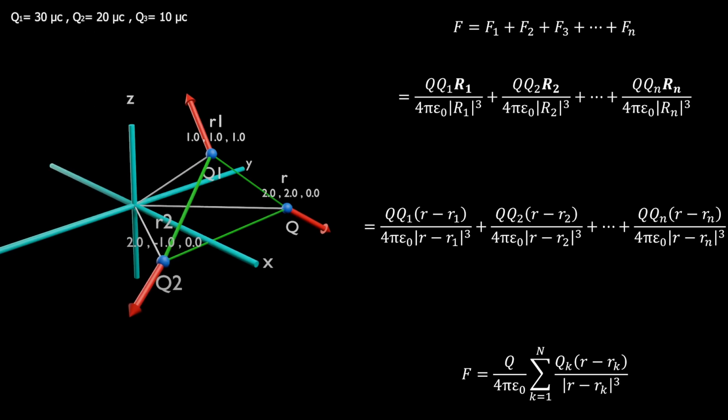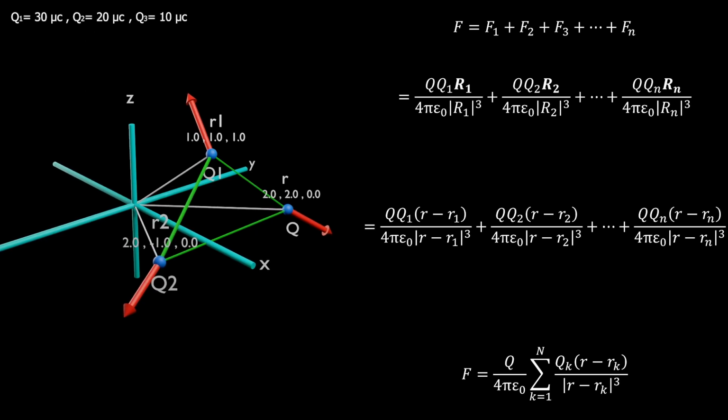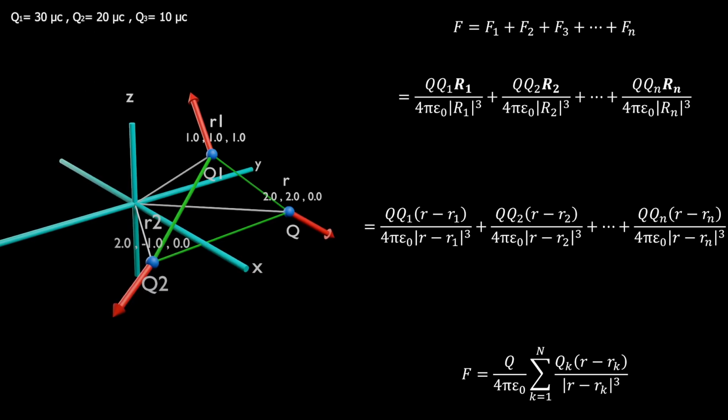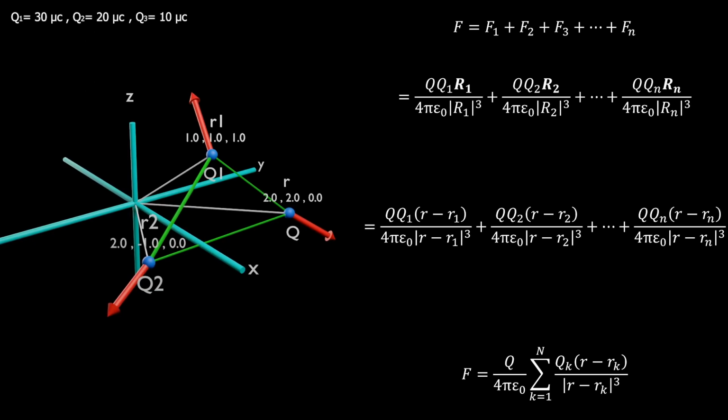For example, if we have three charges, Q1, Q2, and Q at different positions, and we want to find the force on the charge Q, we just add the force from Q1 and the force from Q2. The same applies for any number of charges.